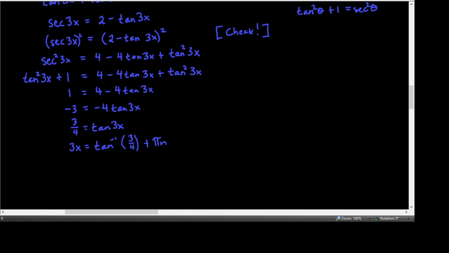And then to get x, I'll have to divide by 3. So that'll become 1/3 tangent inverse of 3/4 plus pi over 3 times n.